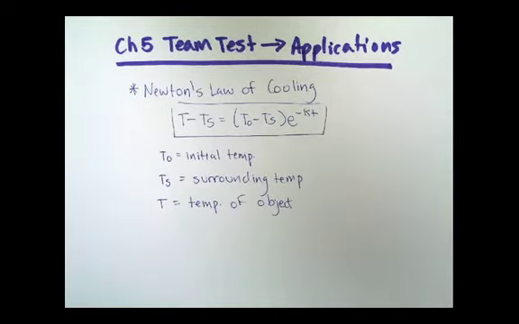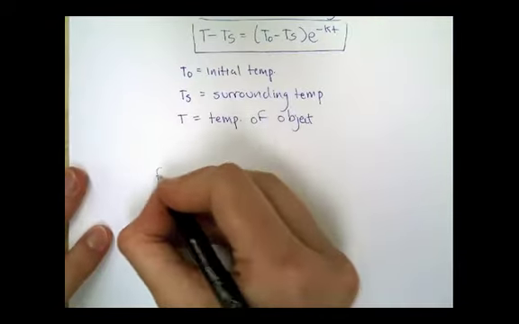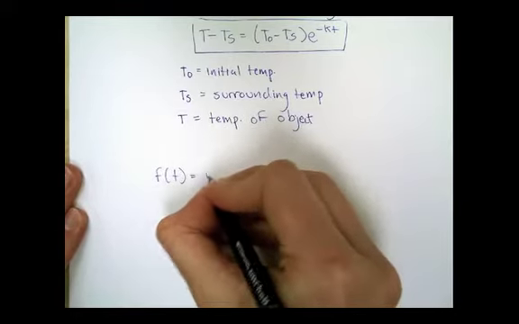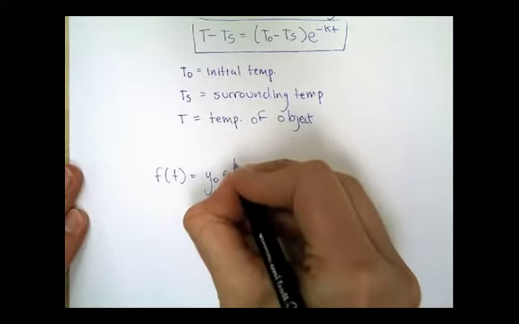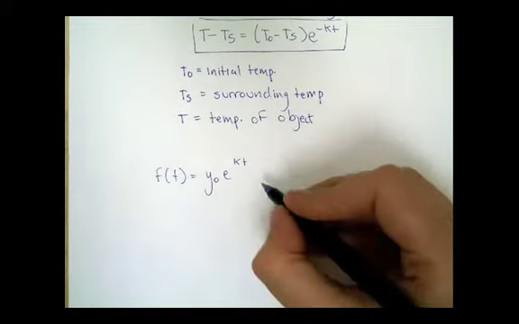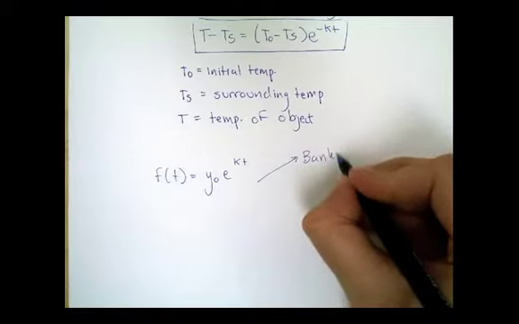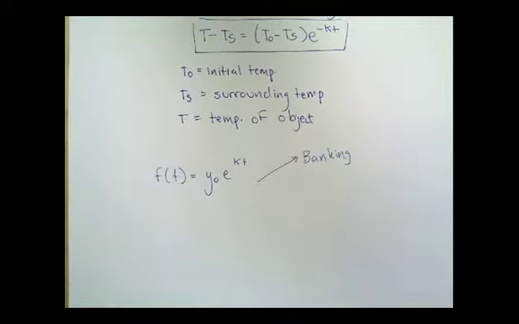Then the other area we're going to break into for the test is banking and radioactivity problems. So that generic formula, f of t equals y naught e to the kt power. You really got to know the generic formula. You know that this can apply to banking problems. If it's banking, we're talking about money growing in your account.